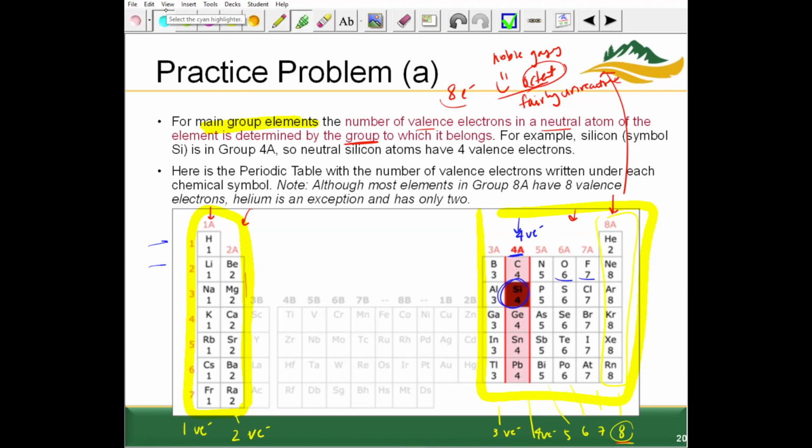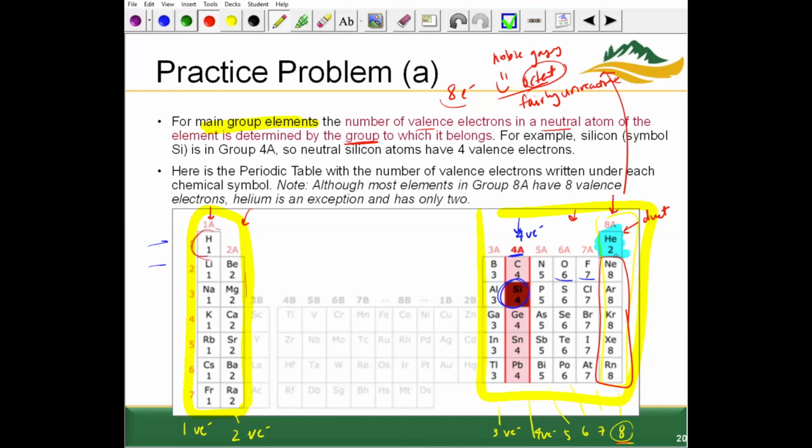I do want to point out this exception here for helium. So these noble gases have 8 valence electrons. They are happy in their full octet. Helium actually forms a duet, just like hydrogen.